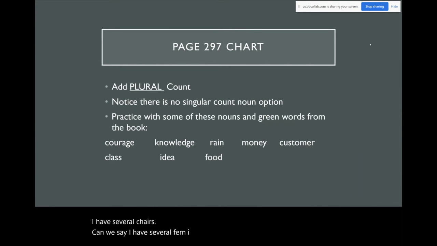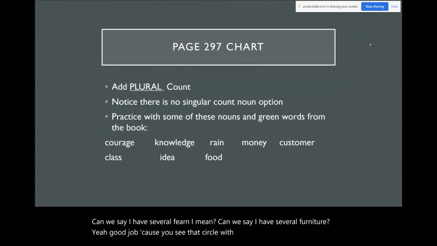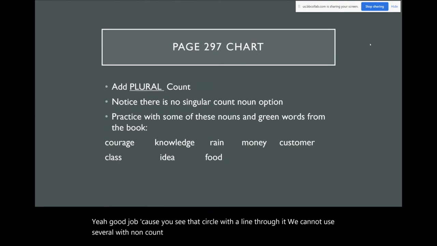Can we say I have several furniture? No, good job, because you see that circle, we cannot use several with non-count nouns, okay? And you can see many goes with plural count, a lot of goes with non-count. A few goes with plural count. A little goes with non-count.